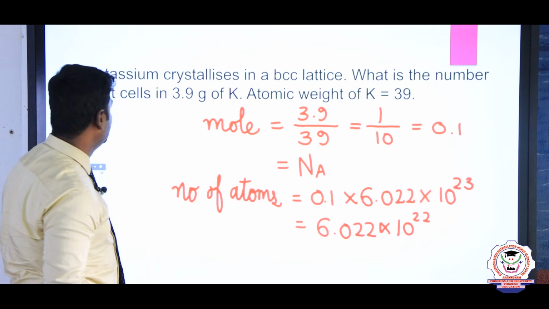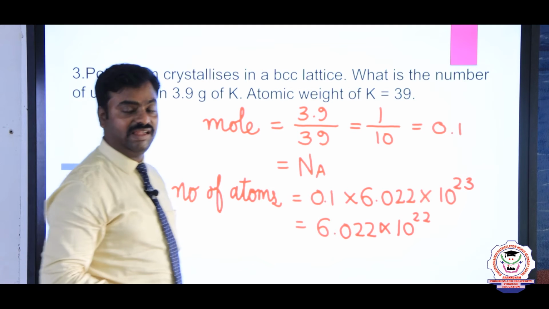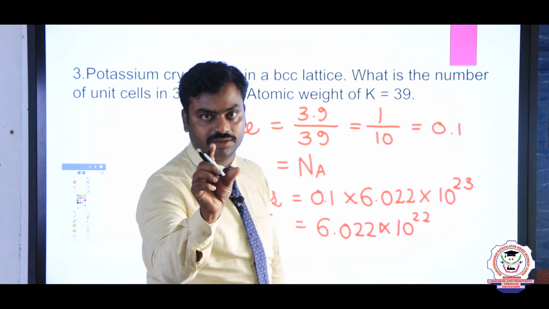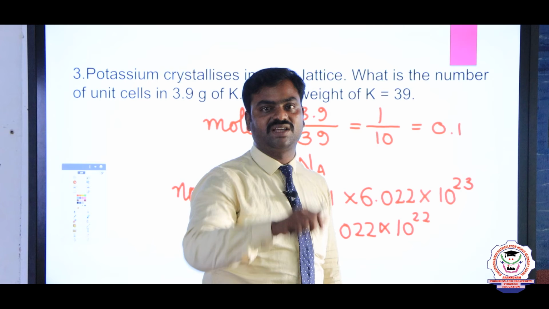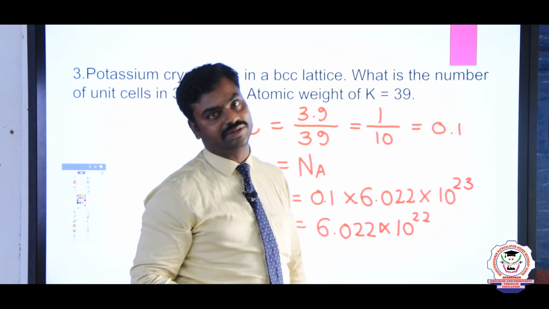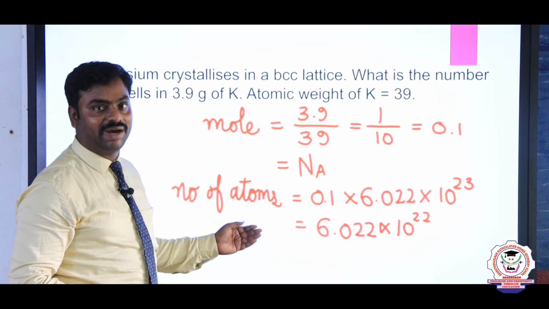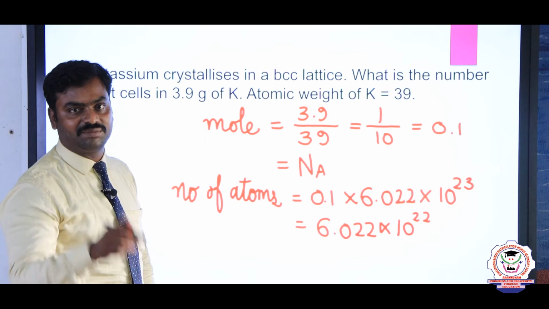Now they are asking us to find the number of unit cells. See, in BCC, a single unit cell has 2 atoms. So 2 atoms make only 1 unit cell. If you divide the number of atoms by 2, you will get the number of unit cells.